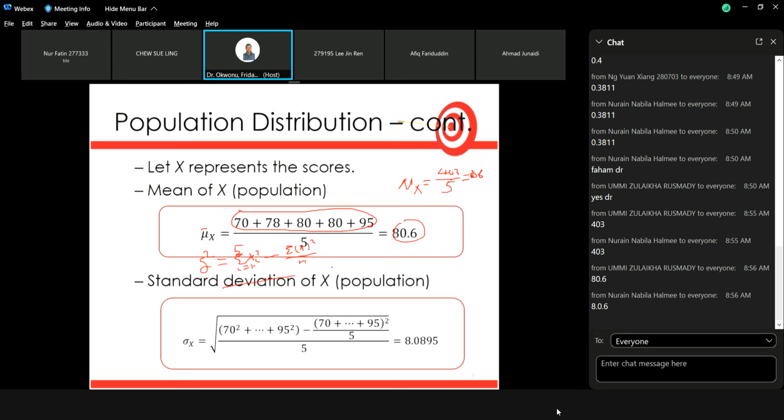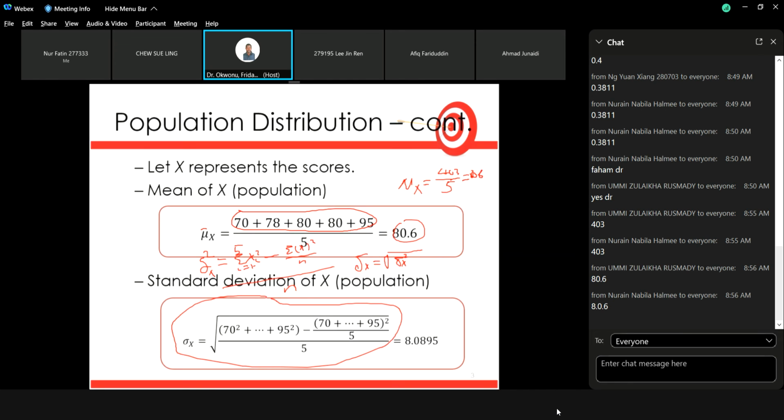N again. So this will give you the variance. So to get the standard deviation, you take the square roots of it. So that is how you got this.